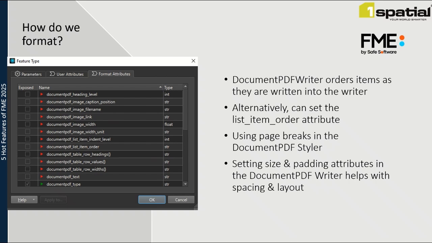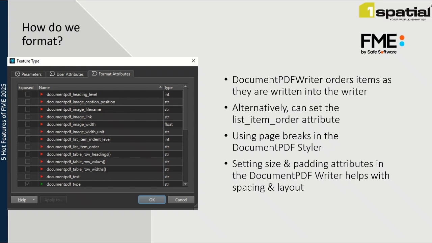So how do we format? If you're using the styler, that's kind of how you do it. But if you are, as I said before, a little bit more into it and you're a bit more familiar with things like what I'm showing you on the left, you can set these values before the writer to implement that type of formatting.